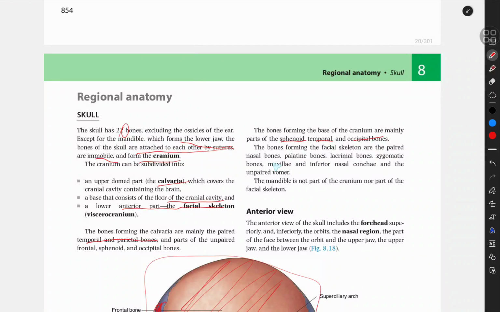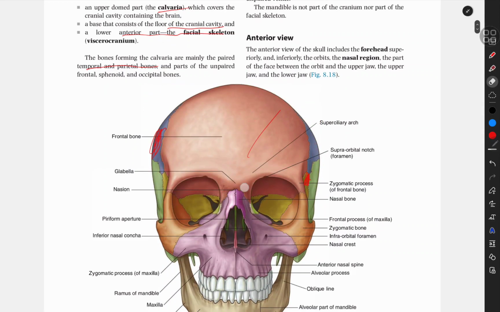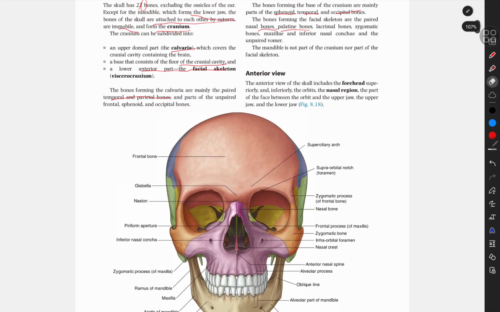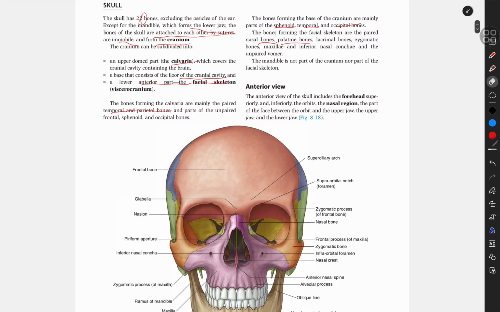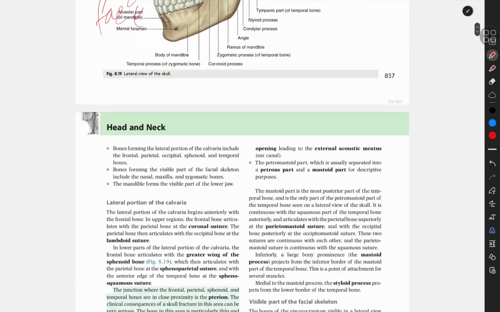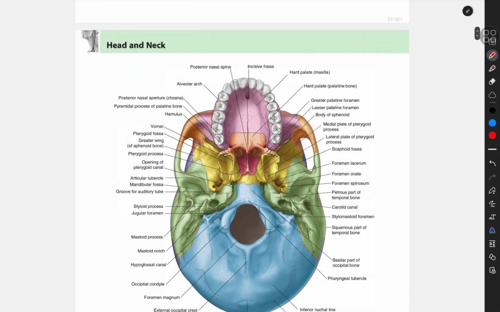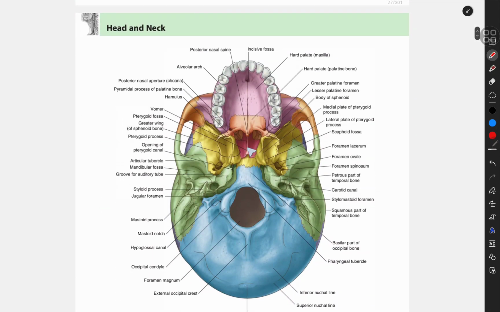Bones forming the facial skeleton are paired and comprise the nasal bones, this one, and the palatine bones, posteriorly. I don't think we can see the palatine bones here, but from the inferior view they are much better seen.